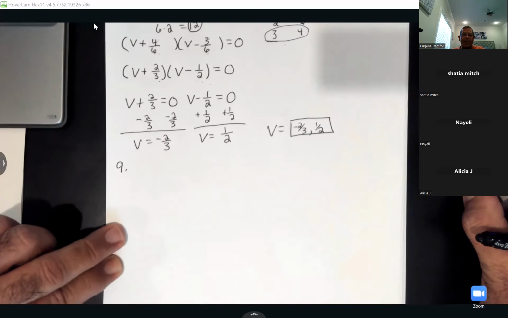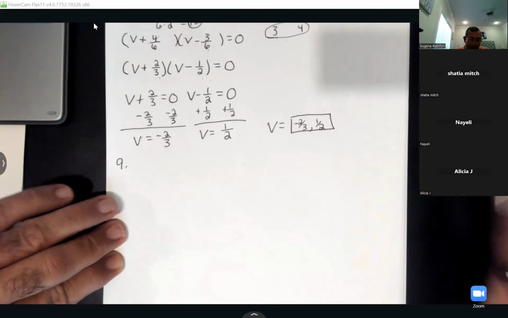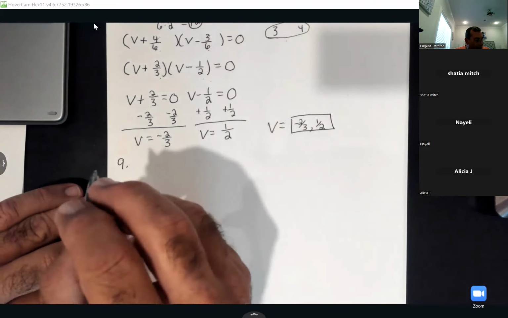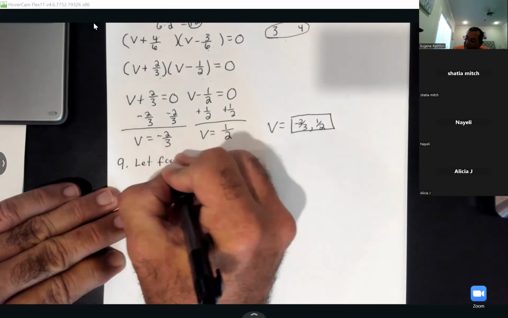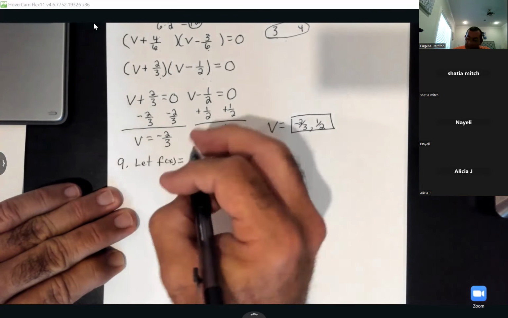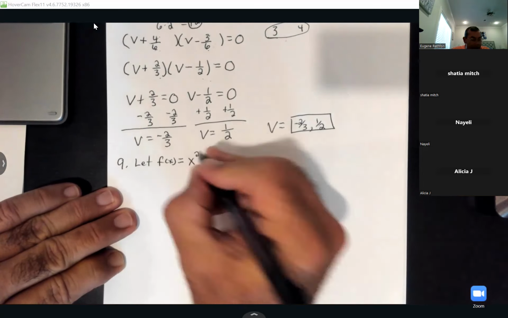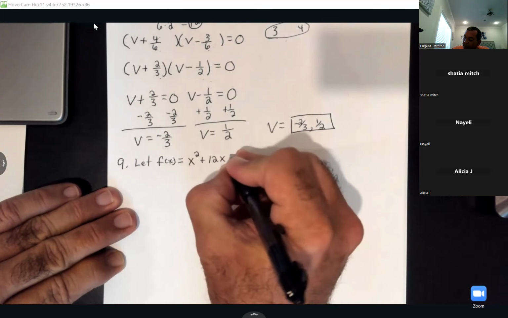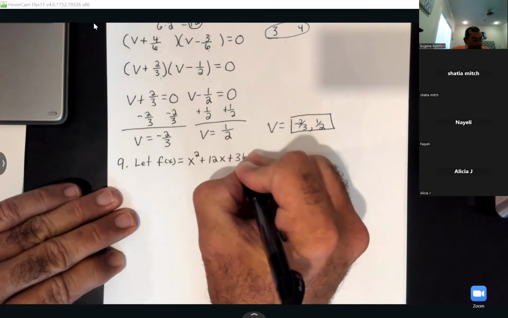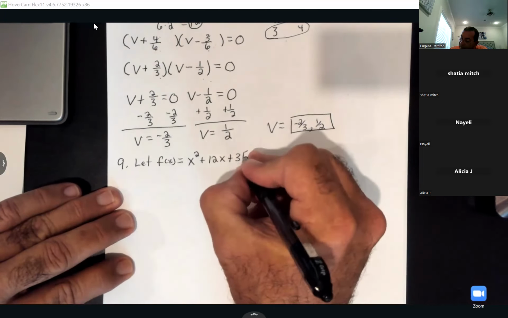All right, y'all, number 9 is a tricky one. So watch what they're doing to number 9. It says, let f of x equal x squared plus 12x plus 35.